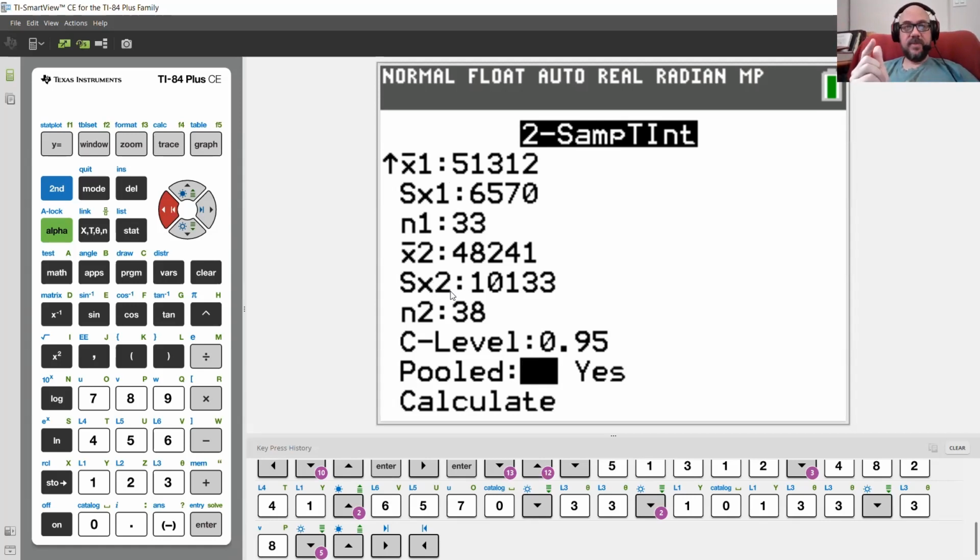The difference is really small. They're asking whether we can pool these two standard deviations together to get a slightly more accurate standard deviation and therefore a slightly more precise interval.